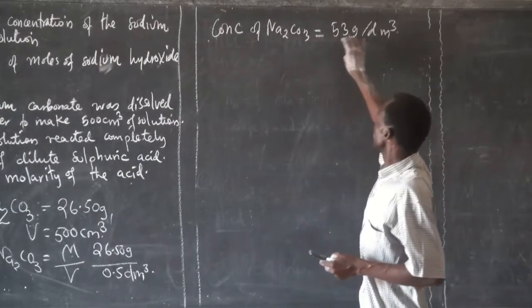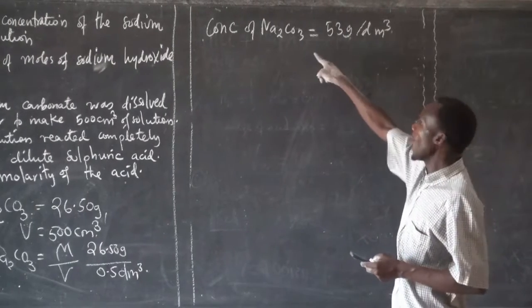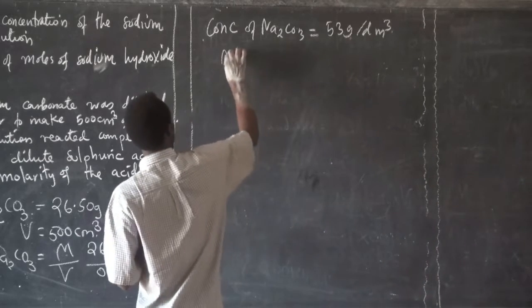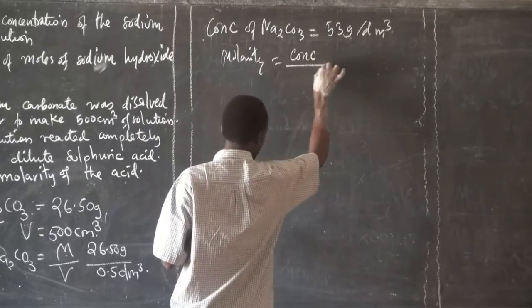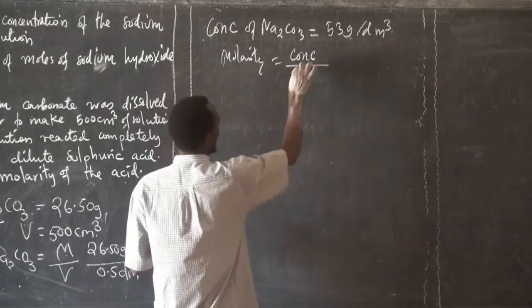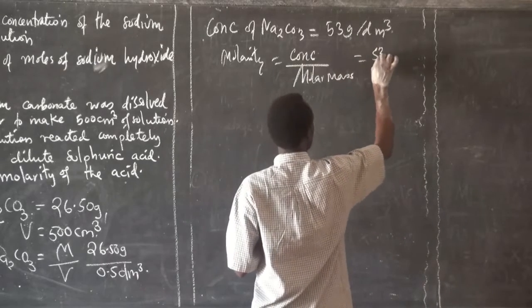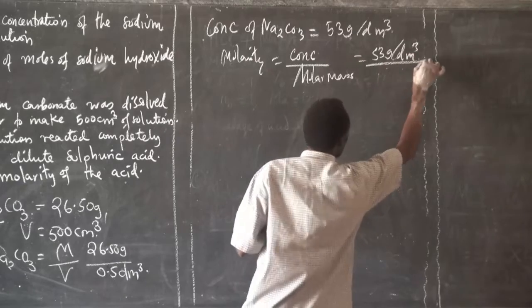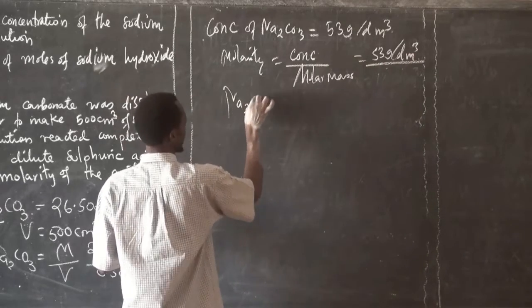What is the aim of calculating the concentration of the sodium carbonate? Our aim is to determine the molarity. Remember, we said molarity is equal to concentration in grams per cubic decimeter over molar mass. So it is 53 grams per cubic decimeter over the molar mass of sodium carbonate.